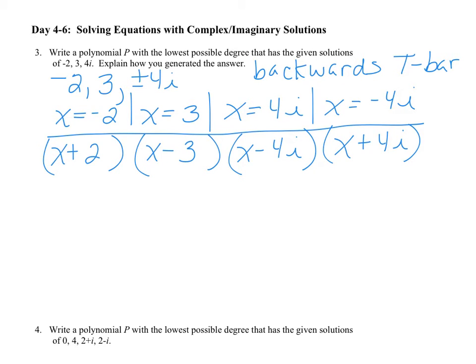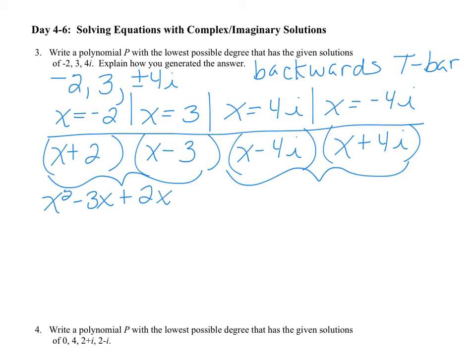Okay, so now I have 4 binomials to multiply together. So I'm going to multiply the first 2, and then I'm going to multiply the second 2 to make things easier for myself. I'm going to end up with x squared minus 3x plus 2x minus 6. And then for the next pair, I'm going to end up with x squared plus 4ix minus 4ix plus 16i squared.